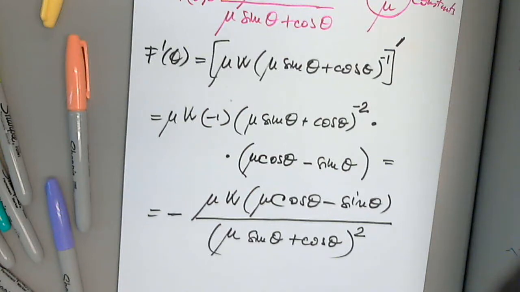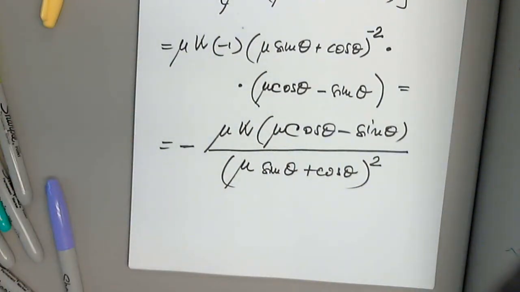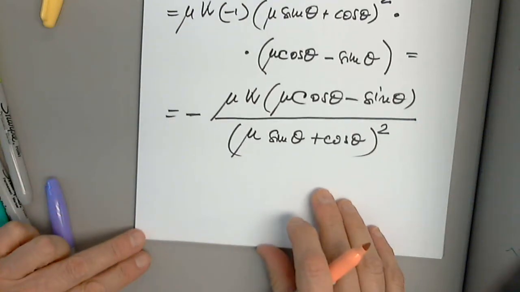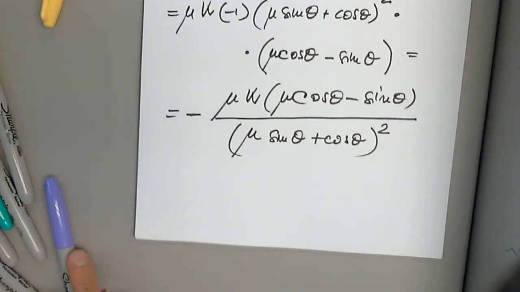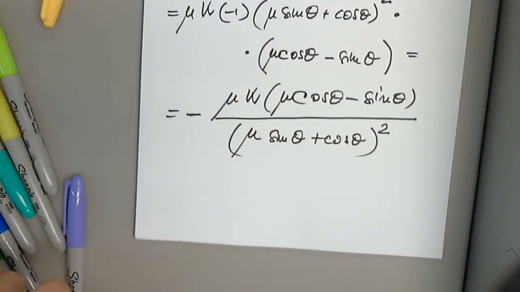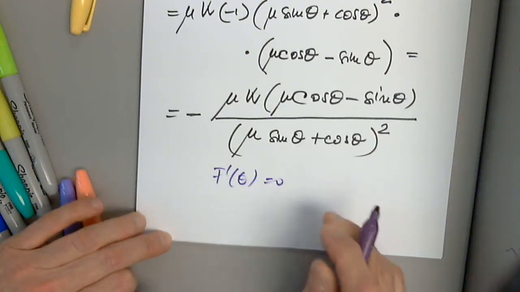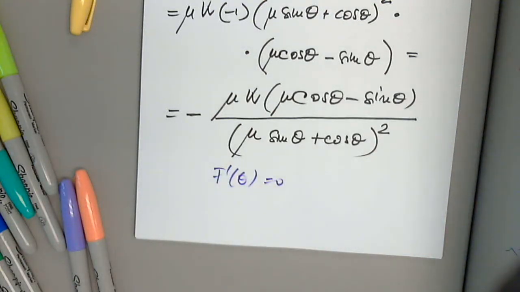What happens next? We found the derivative, so what now? What do I do with the derivative? So this is 0. Excellent. We have to set f prime of theta equal to 0. So then what can be 0 from all this? Correct. Not mu and not W. These are constants and they cannot be 0.